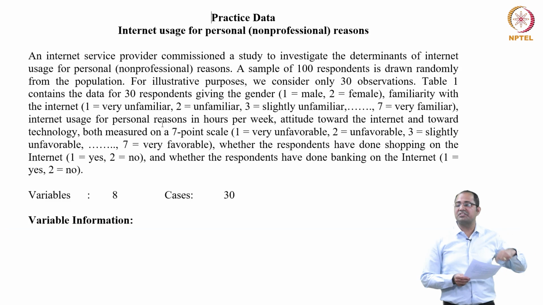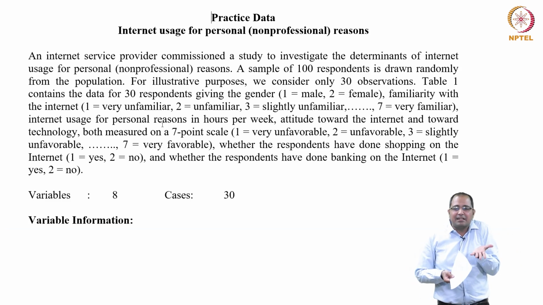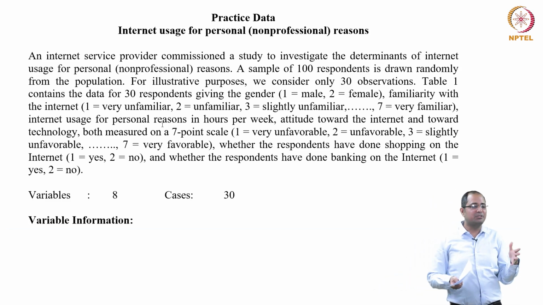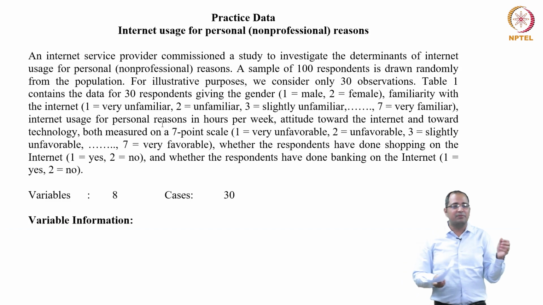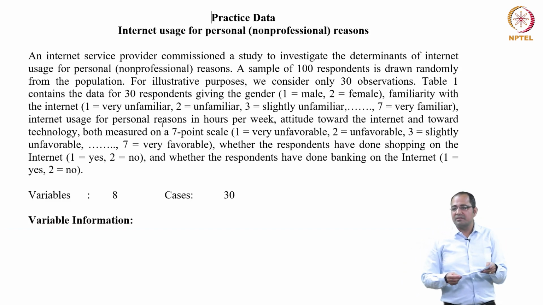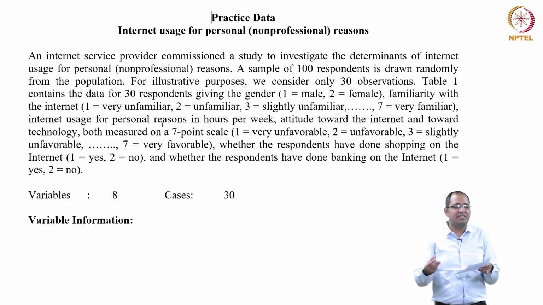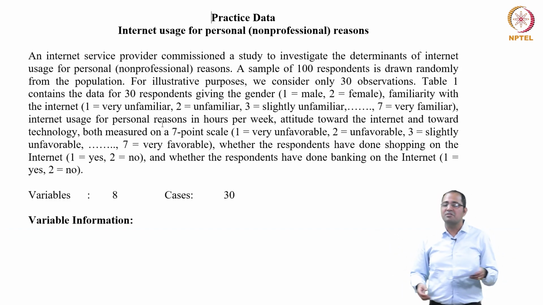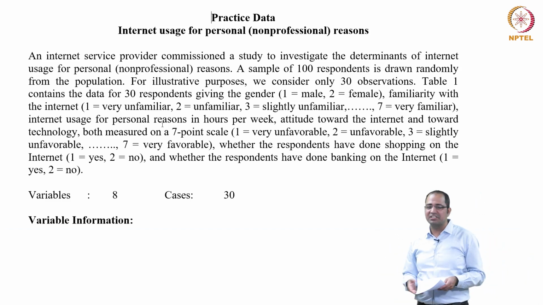Now this is a study which was conducted when data was not as easily available as potatoes and tomatoes nowadays, right? It is the time around 2005, when internet facilities were not as extensive as they are today.